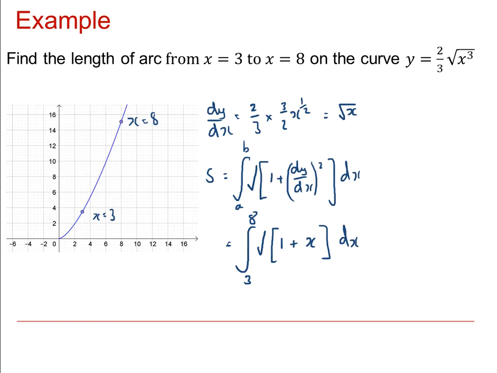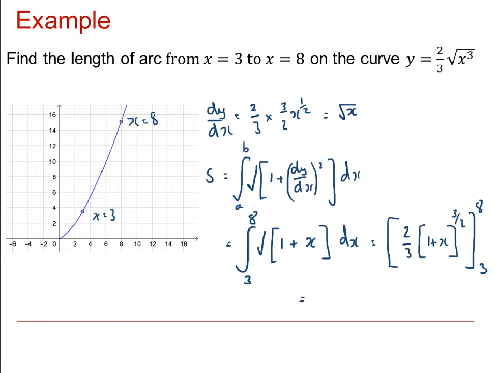We need to now integrate this. This is (1 plus x) to the power a half, so that will integrate to (1 plus x) to the power 3 over 2. So it will become 2/3 of (1 plus x) to the power 3 over 2, and that's to be evaluated between 3 and 8.